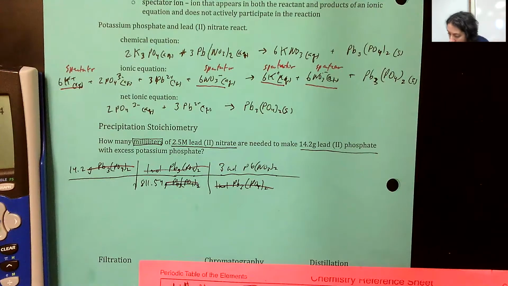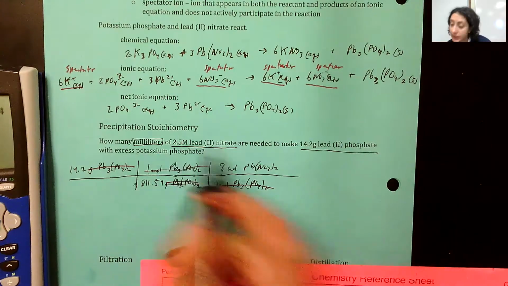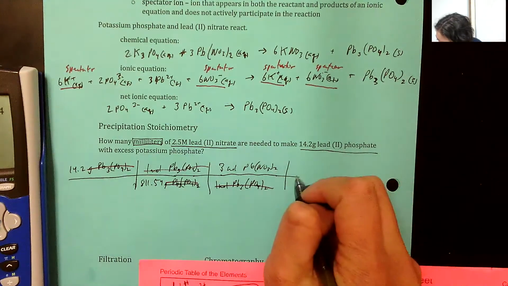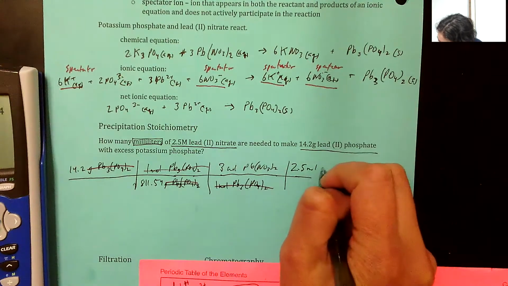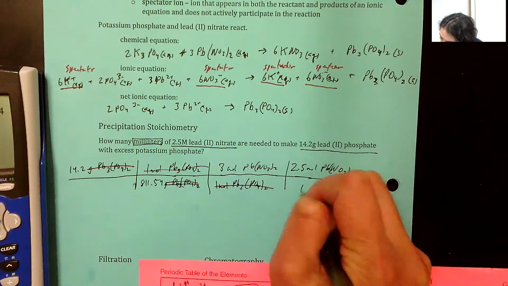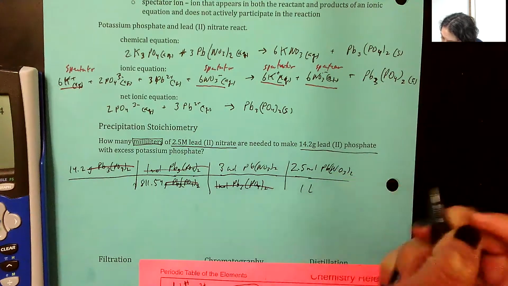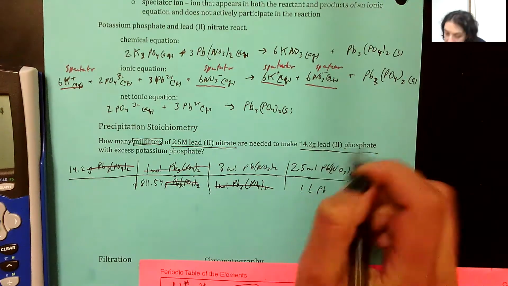So we are going to use the 2.5 molar as our equality. What this is telling us is that 2.5 moles of lead nitrate is dissolved in 1 liter of the lead nitrate solution. So I actually need to reverse that. I did that wrong.